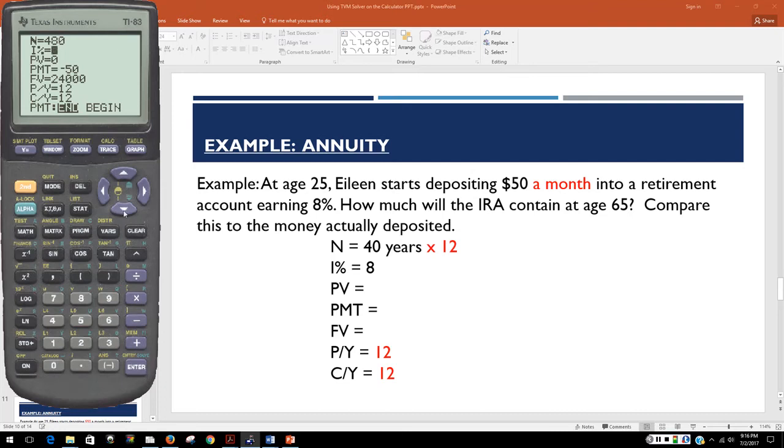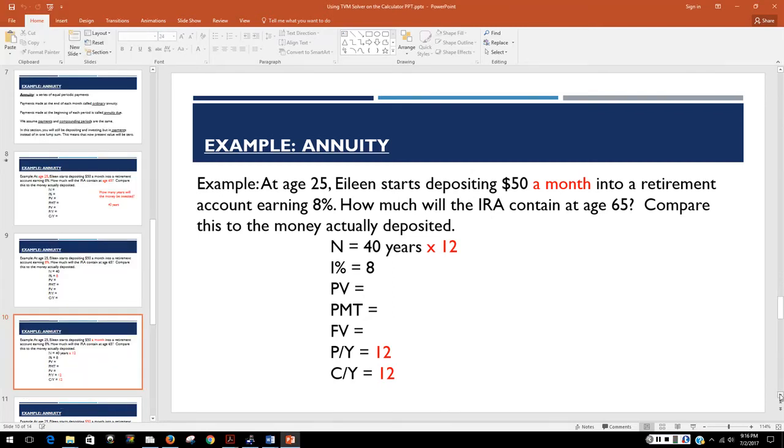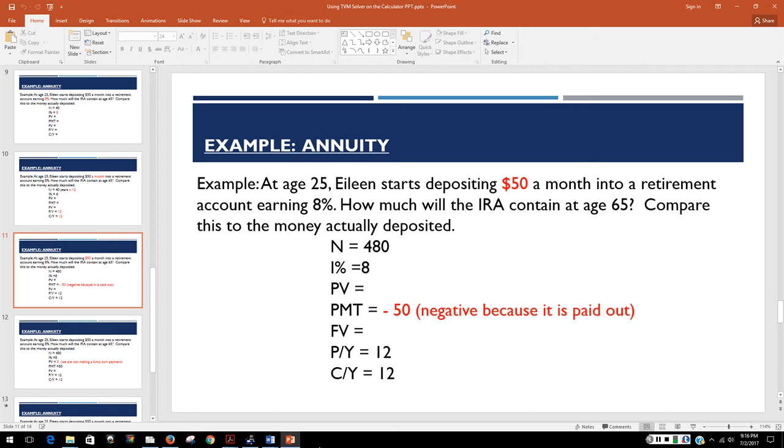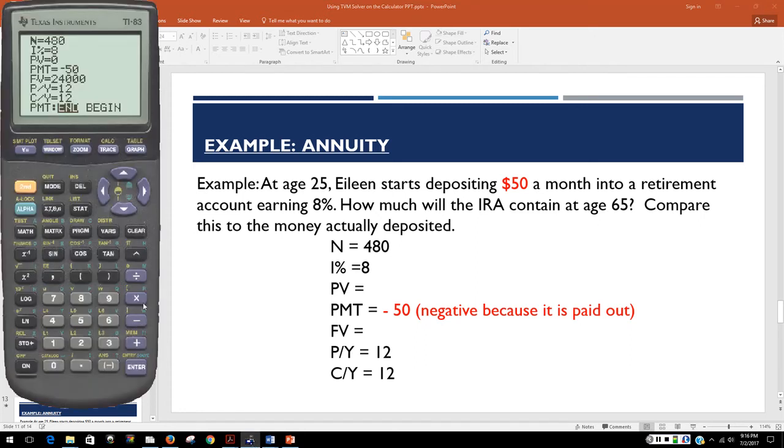And then those payment amounts are also going to come down here and be entered as 12 payments per year and 12 compoundings per year. And we're just going to default to having the payments being made at the end of each month. So then our next job is to consider what the next piece of information is.